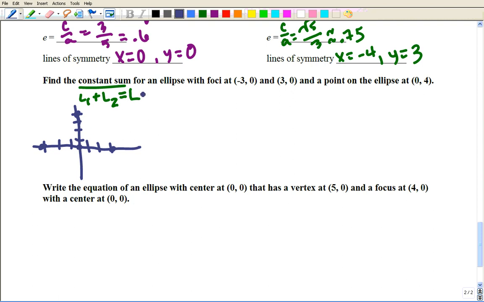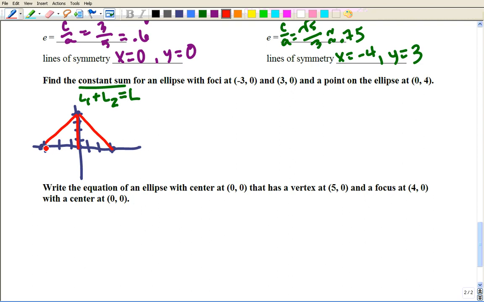But the constant sum will be, if we draw in from each side, if this is L1 and this is L2. We know the Pythagorean theorem is what I'm trying to get to here, because you can see there's clearly two right triangles, right?